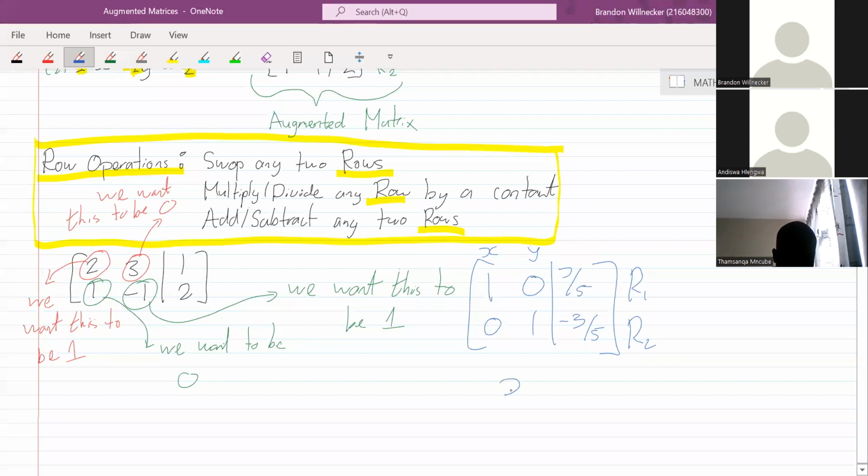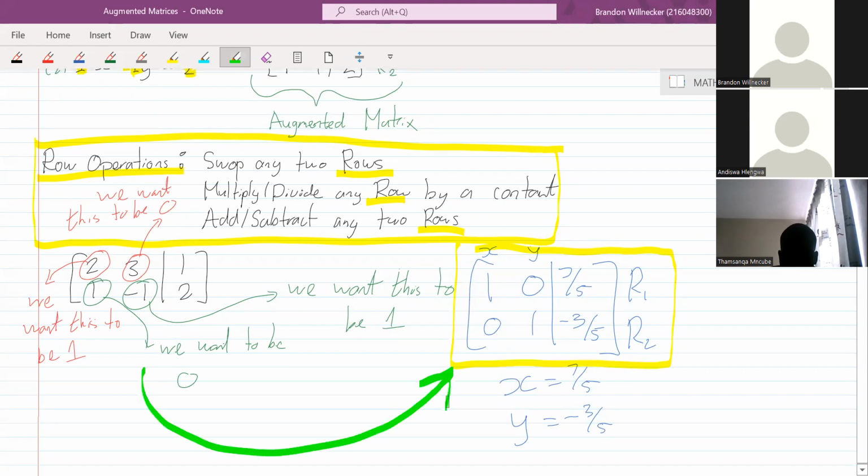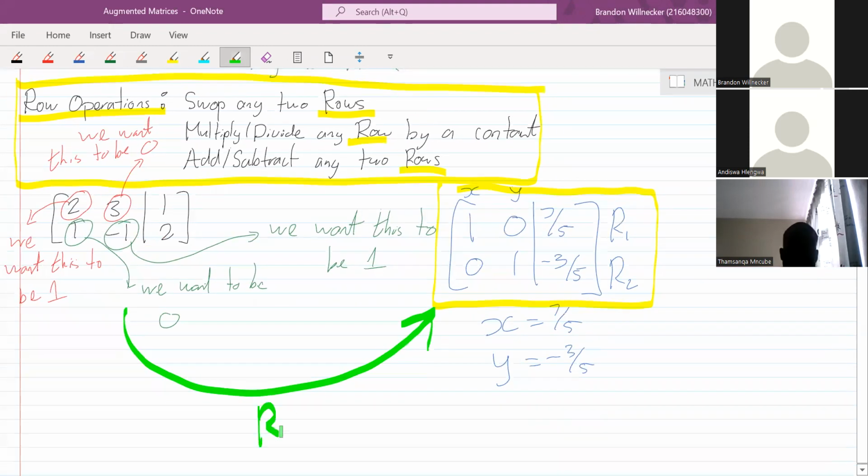So this means x equals 7 over 5. And for the second row, that means y equals minus 3 over 5. Okay, so this is what we are aiming for, something that looks like that. And we are going to get there using our row operations. Okay, so I hope that makes sense. We're going to get from there to there using row operations.